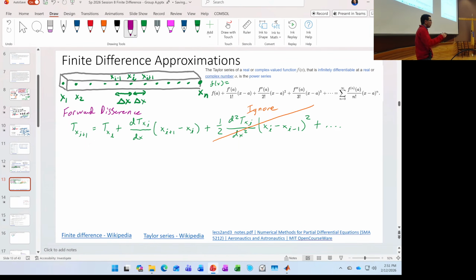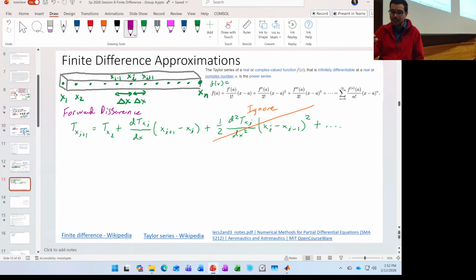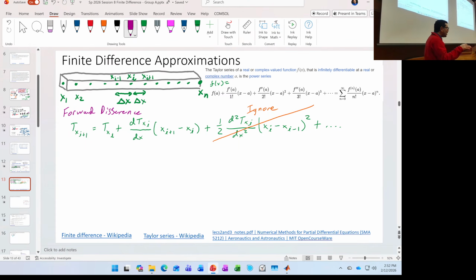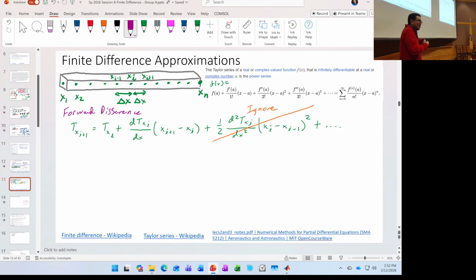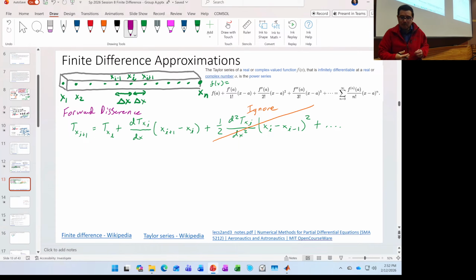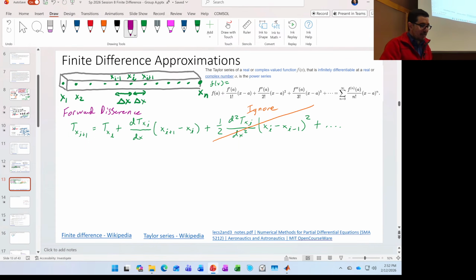You see, we're figuring out what the value of something is based on values from the past. Or not the past, I'm still in time. Based on a value behind it. We're going to introduce time in a little bit. Right now, this is all spatial. The next thing is, what is the slope there?